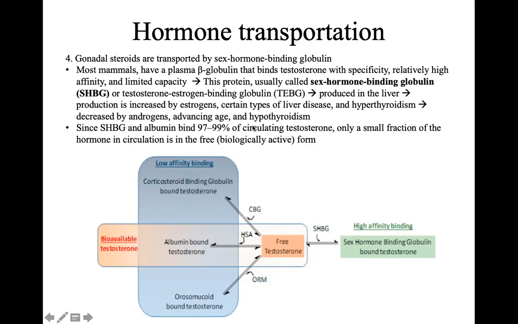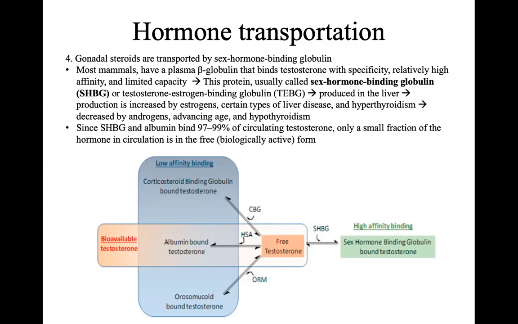This relates to what we have discussed, the SHBG, or in some other books it is called testosterone estrogen binding globulin. They are produced in the liver. Production is also increased by sexual hormones, the estrogen, and also hyperthyroidism. In the case of hyperthyroidism, this is also a mechanism for the transportation of gonadosteroids to give an action.